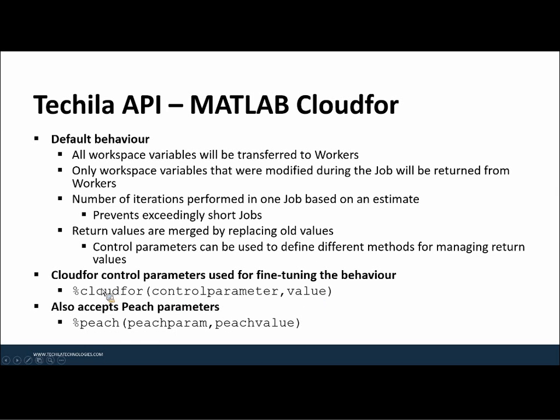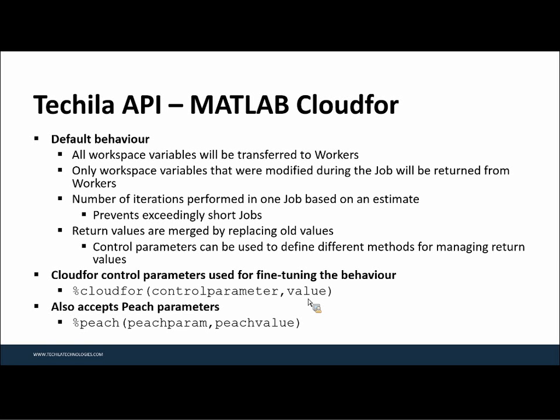It looks like a Matlab comment because it starts with a % mark, but Cloud Core recognizes this %CloudCore keyword and interprets the control parameter and its value, and will use it to control the computations in the desired manner specified by the parameters.